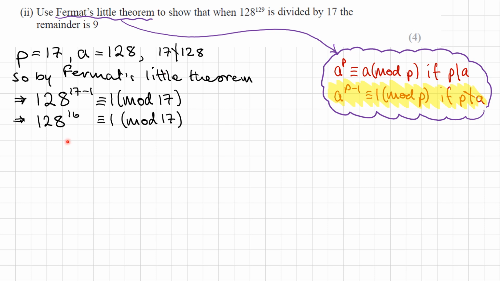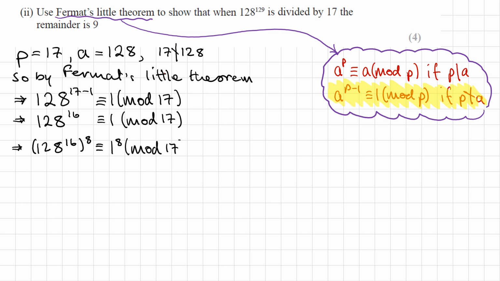Now what I want to do is to get up to the power 129. I think I can get up to the power 128 because 16 times 8 is 128, yeah? So I'm going to raise both sides to the power 8. So I'll have 128 to the power 16 raised to the power 8, and on the other side 1 to the power 8.